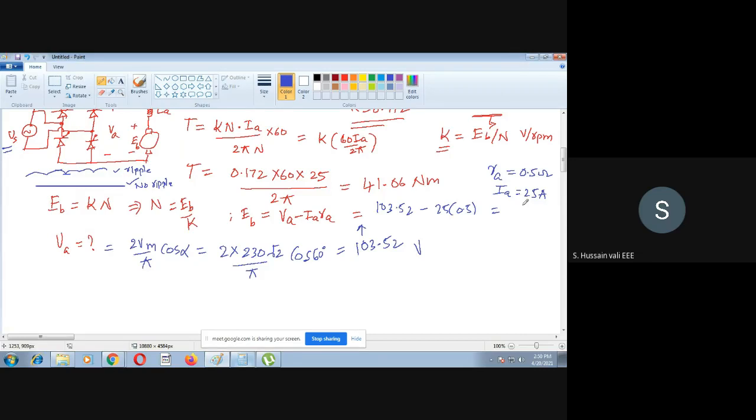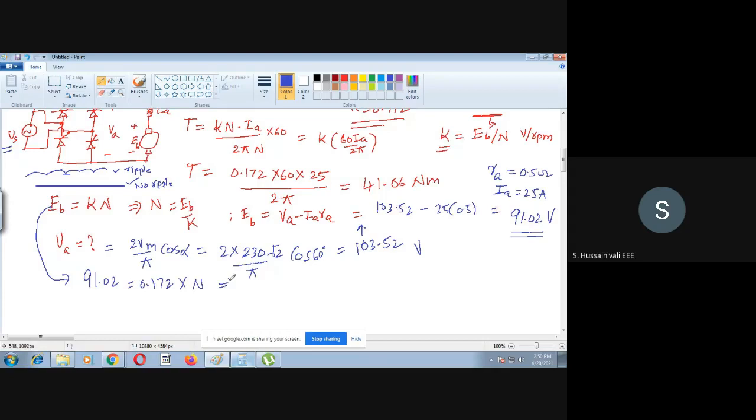So the back EMF is 91.02 volts. This you got. Now we'll bring this equation here. EB is equal to Kn. So 91.02 is equal to K value 0.172 into N.